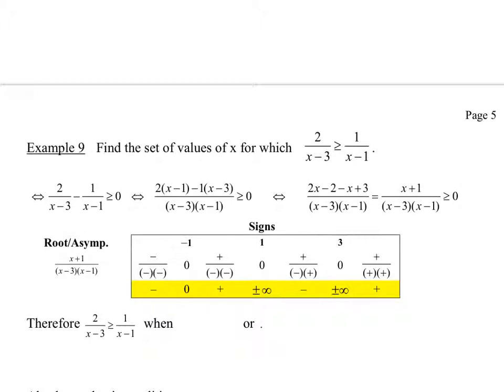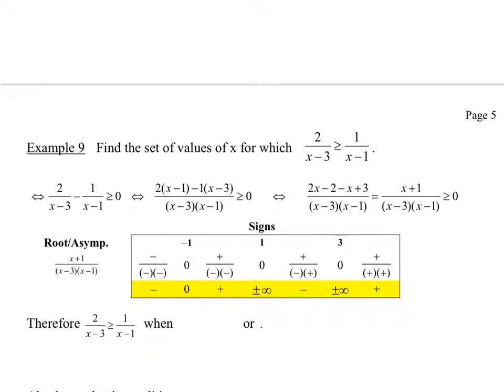So this inequality is going to be true at the same time as this one is going to be true. In other words, this whole expression is bigger than or equal to 0 when we have a value of x that's between negative 1 and 1, or a value of x that's more than 3.